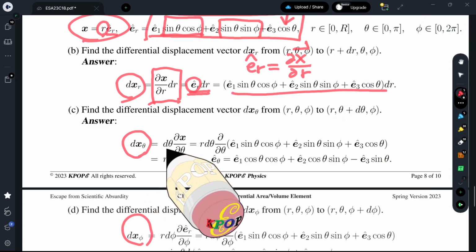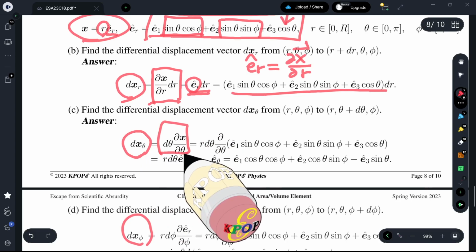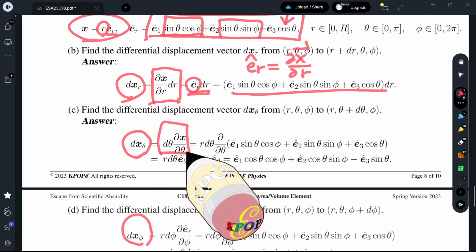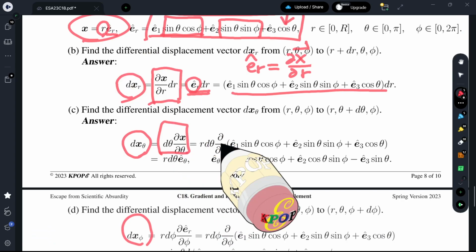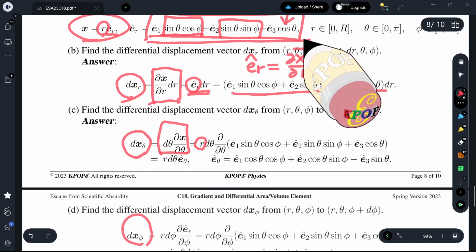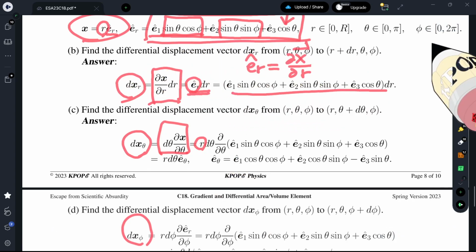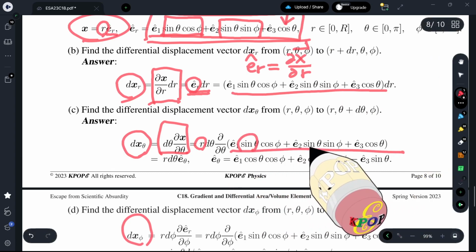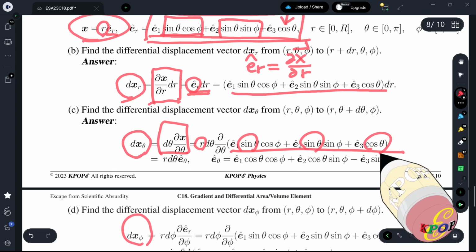Why don't we compute the displacement due to the variation of polar angle? We have this. Now the radius is factored out. However, e_r has a theta dependence. Theta dependence appears here, here, and here.